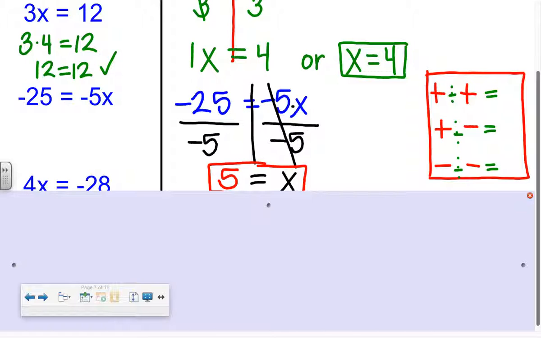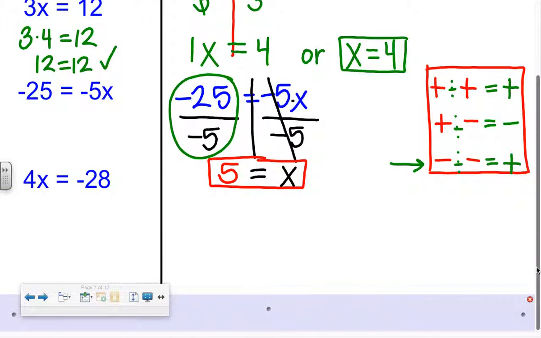So 2 positives make a positive, a positive and a negative make a negative, and 2 negatives make a positive. So if I go back over here to where I did negative 25 divided by negative 5, that would be on this row right here: a negative and a negative make a positive. So that's how I got positive 5.